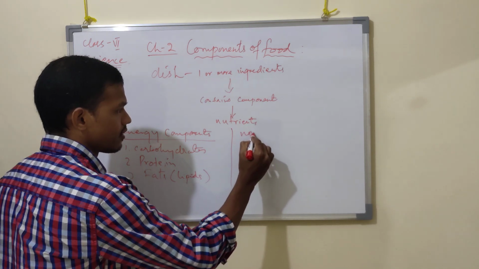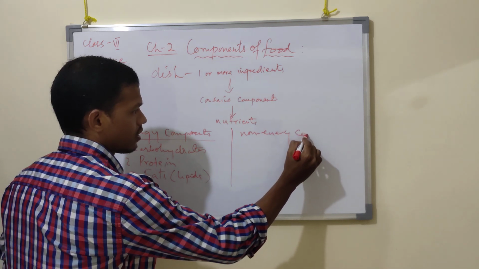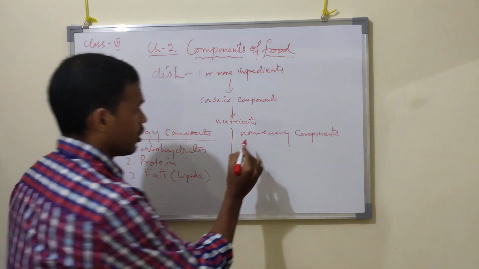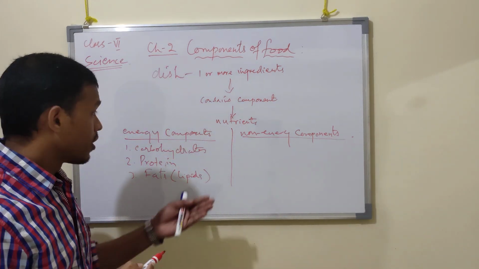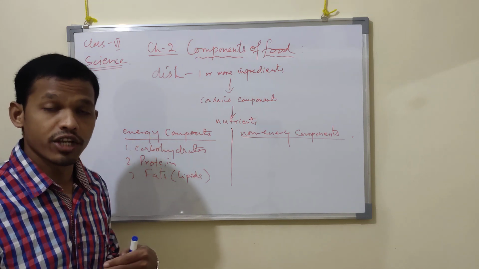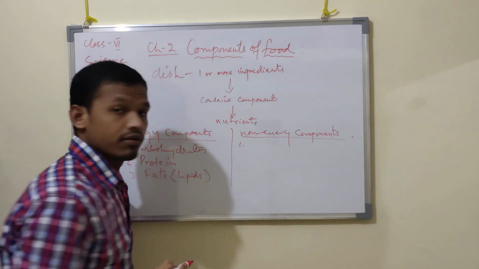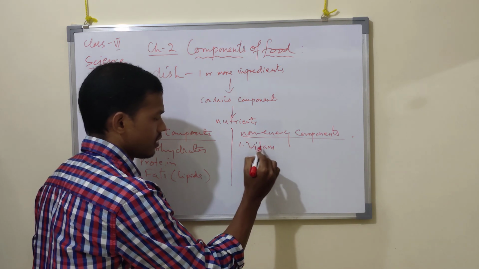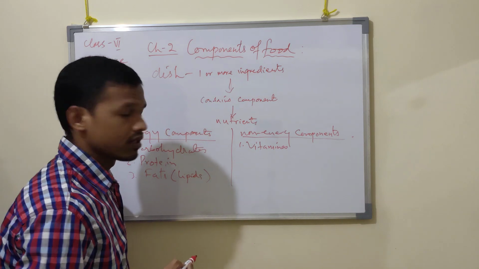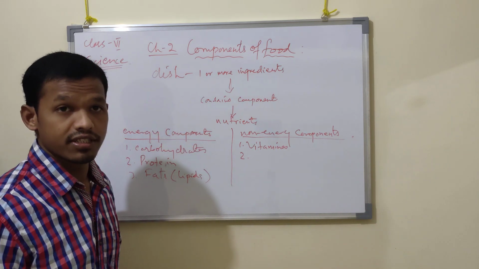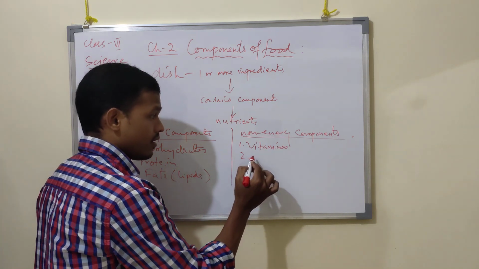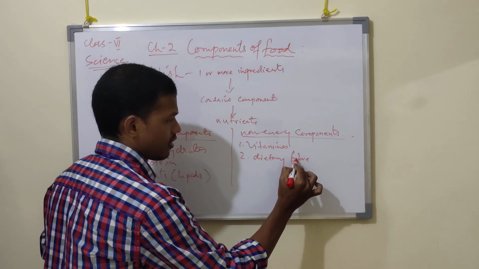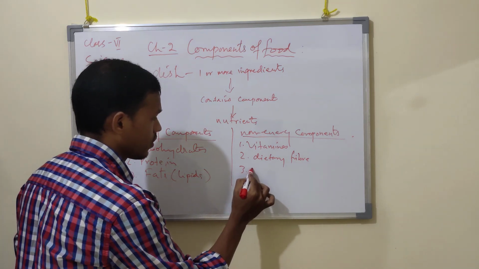What about non-energy components? Non-energy components are other nutrients which are also required in our body to carry out our life processes. The first is vitamins, the second is dietary fiber, and the third is water.